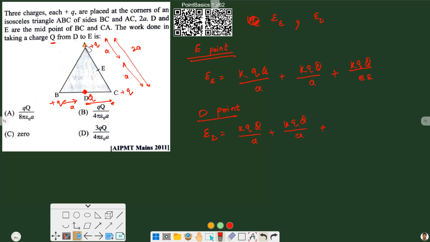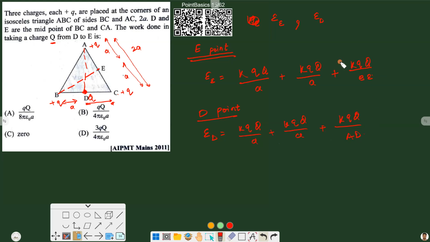Now due to charge A, there will be distance AD. So K Q by AD. And we know that this is an isosceles triangle. So length of BE is equal to length of AD. So BE and AD are equal.